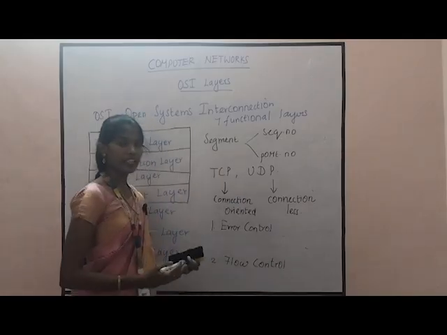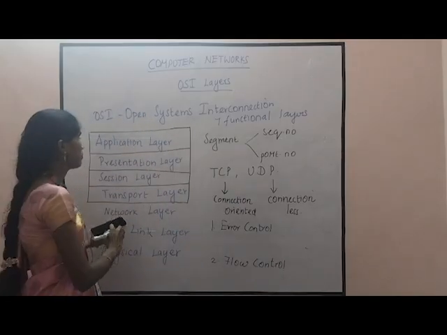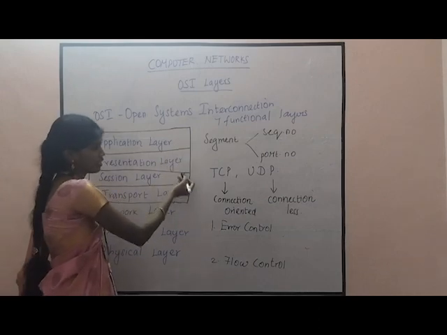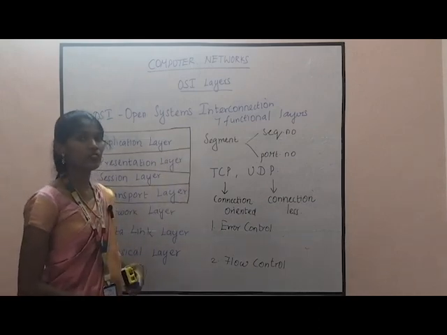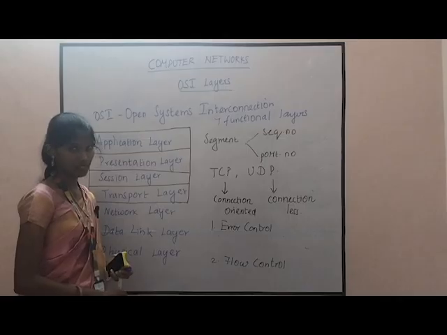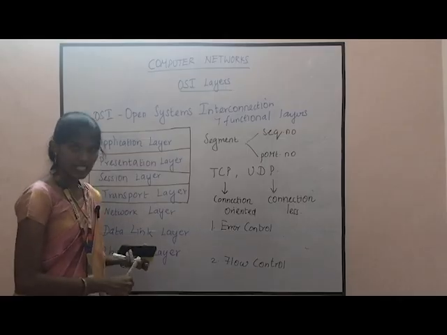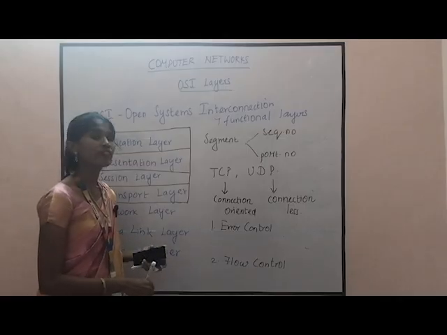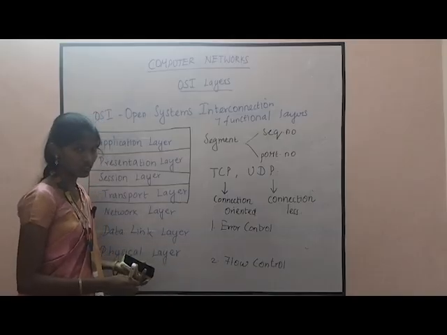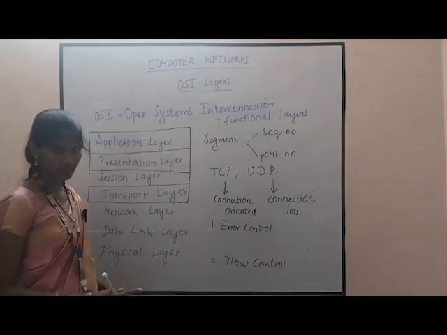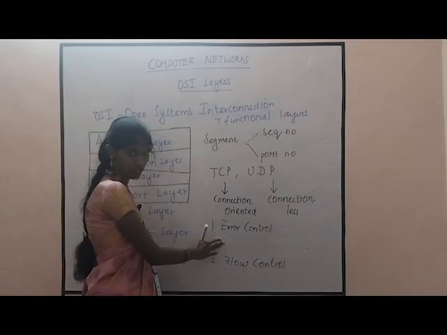What is meant by error? From here itself it is understood that the data you are sending is in bits. If there is any damage in a segment or if any segment gets lost, that is an error. How can we control those things?